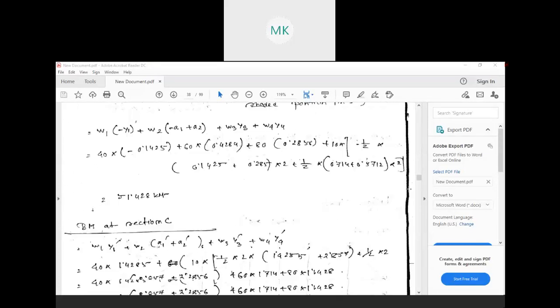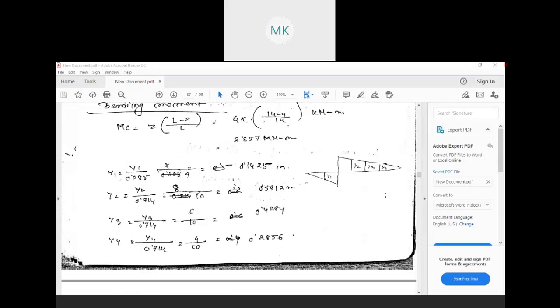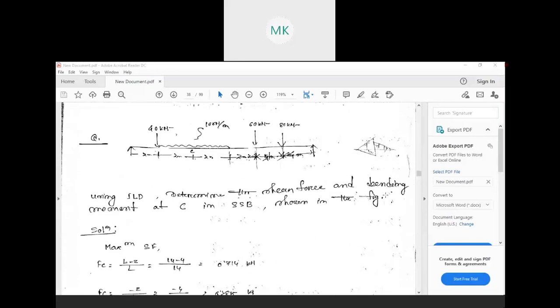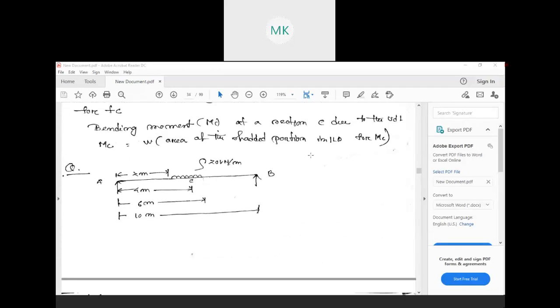Can anyone tell me where we stopped in the last class? Did you discuss this numerical? Please respond yes or no. Did we discuss this one?